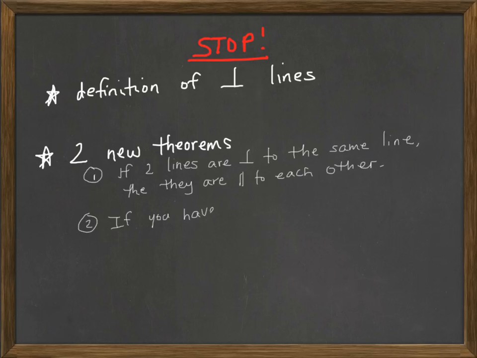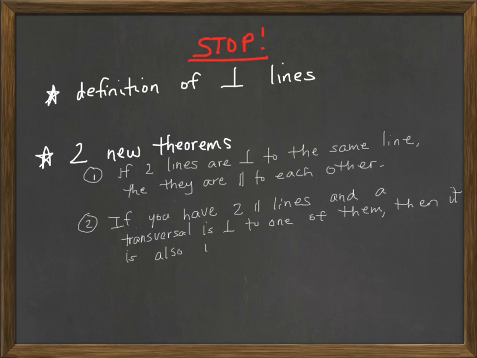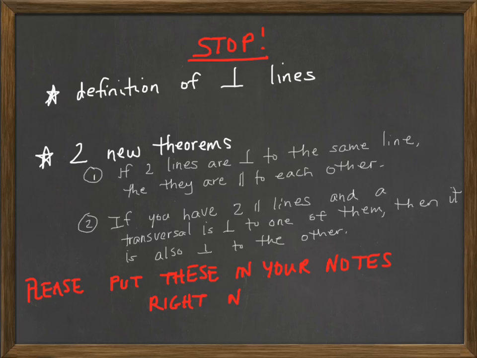And the second one says if you have two parallel lines and a transversal, if your transversal is perpendicular to one of them, then it is also perpendicular to the other. Please put these theorems and this definition in your notes right now. We're going to be doing some more theorems in our next video, and you will certainly need these.